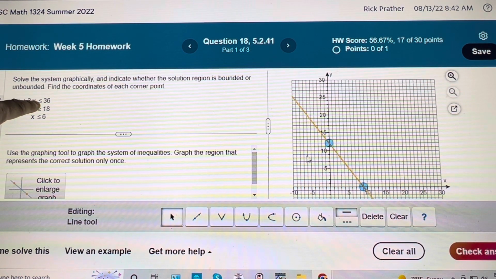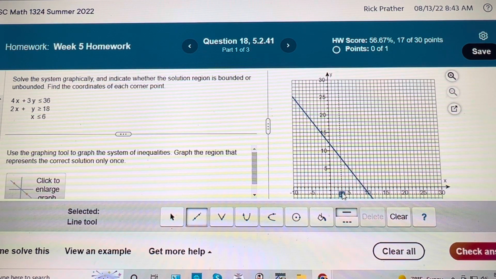That one's less than, so it's going to go down, but it's not going to stop in this triangle area. It's going to go down forever because we don't have the x and the y-axis stopping us. On the second one, cover up the y. 2x equals 18, so x would be 9. That's a coincidence that they're both 9, but that's fine.